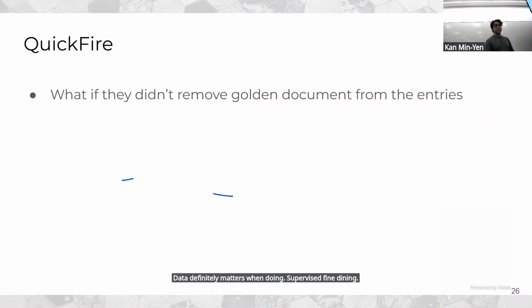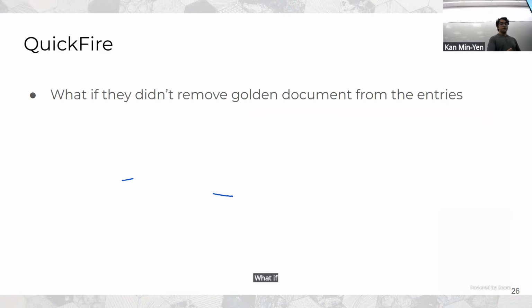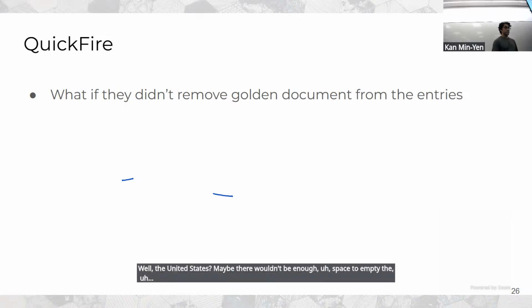Just a quick check to make sure everyone is understanding. What if they didn't remove the golden document from the entry? Anyone? What do you guys think? Maybe there wouldn't be enough space to include the instructions.